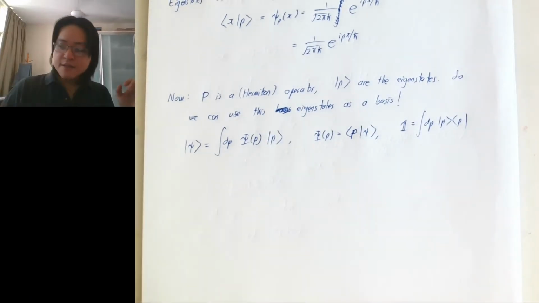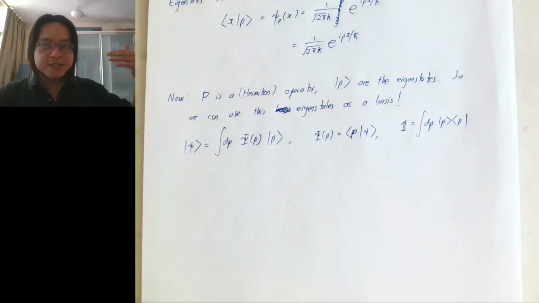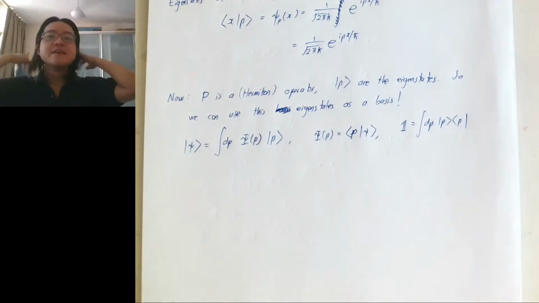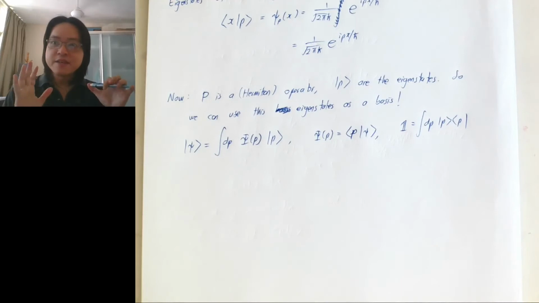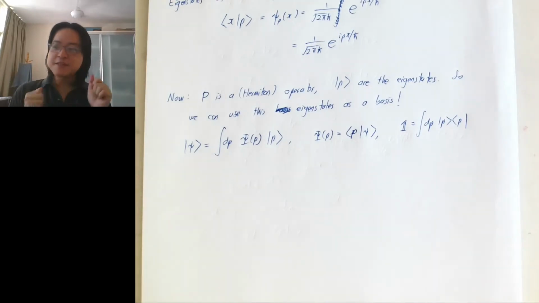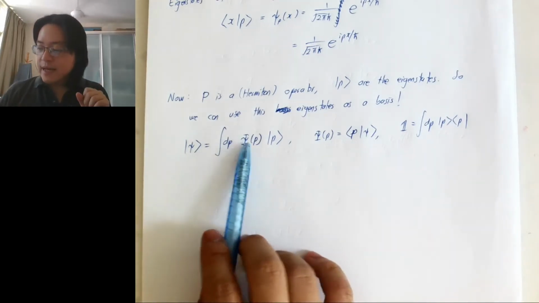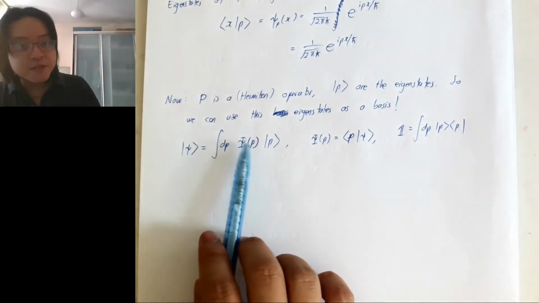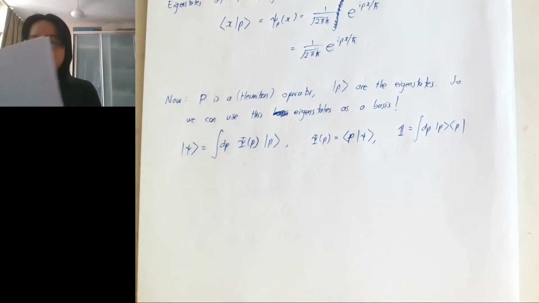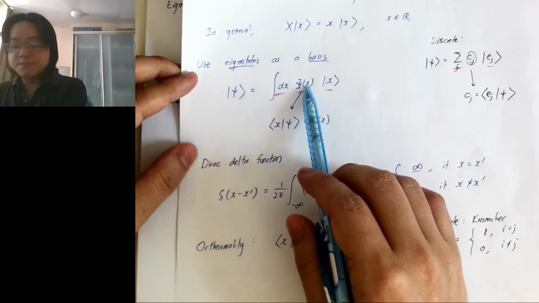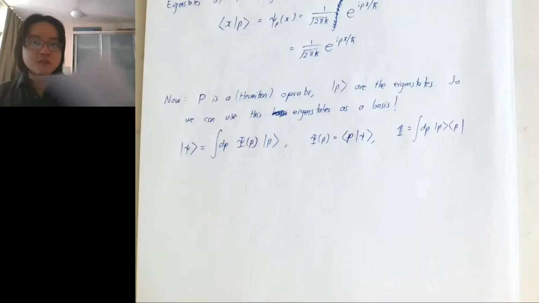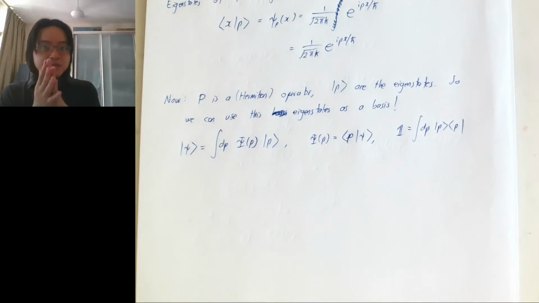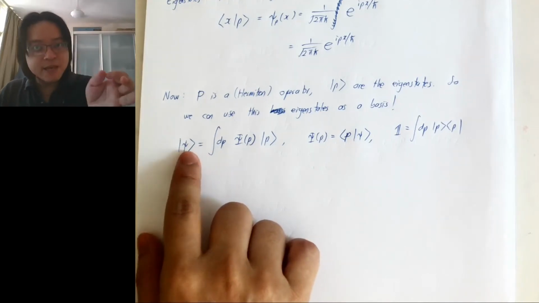Here comes the reason why I showed you the video at the beginning of the class. It is the relation to the Fourier transform. I have my wave function in terms of p, and here is my wave function in terms of x. So I have two different functions that represent the same state.